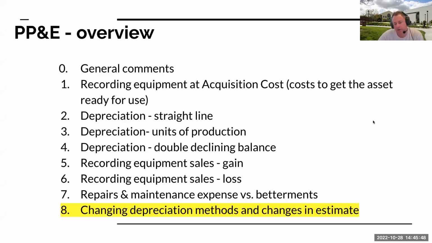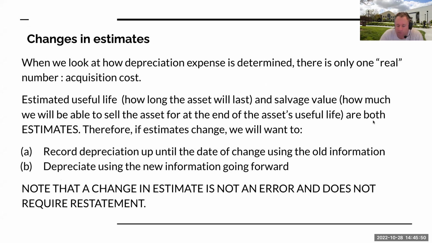So when we're talking about our last topic over here, changes in estimates, if we think about it, depreciation lives based on estimates. Estimated useful life, salvage value, both of those are estimates. How many units are we going to be going through and producing?